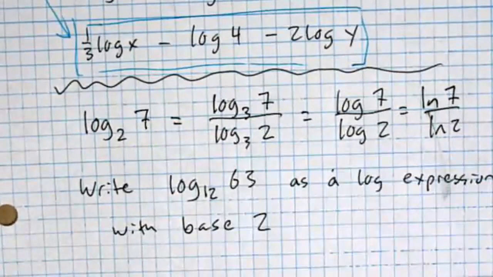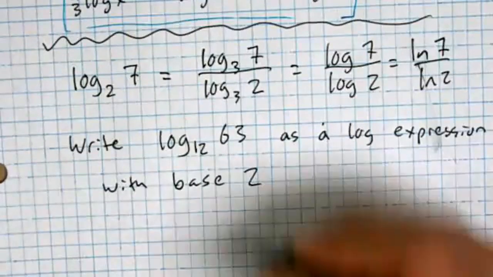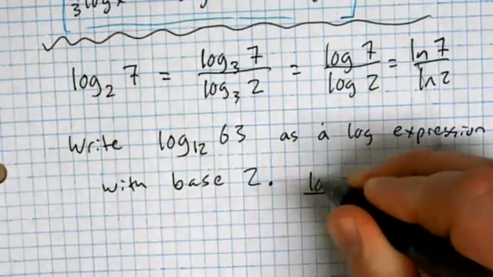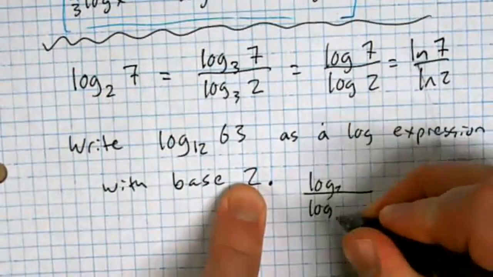This would be a really quick and easy problem on a test if you knew what to do, right? You know what to do? We're going to make a fraction, right? You're going to have a log on the top and a log on the bottom, and I'm asking you to write it with log base 2, so we'll put log base 2s in there.